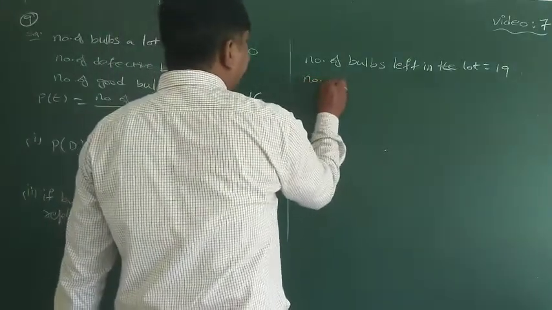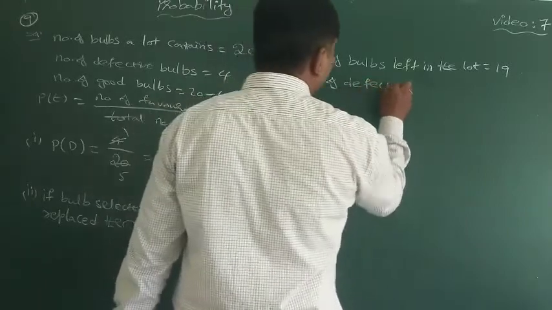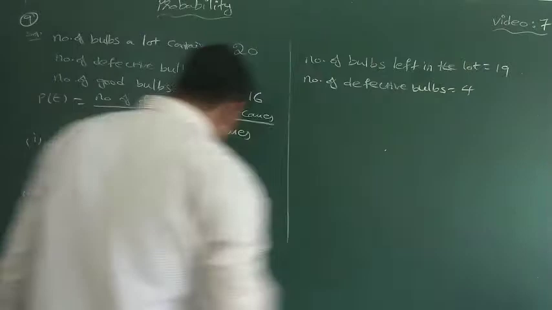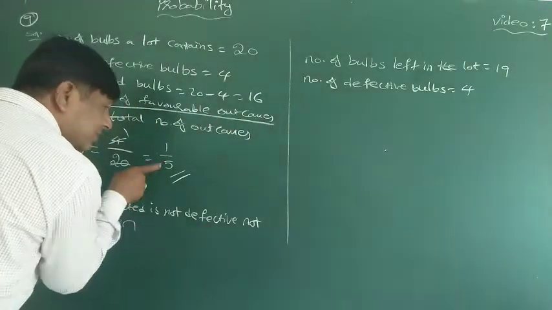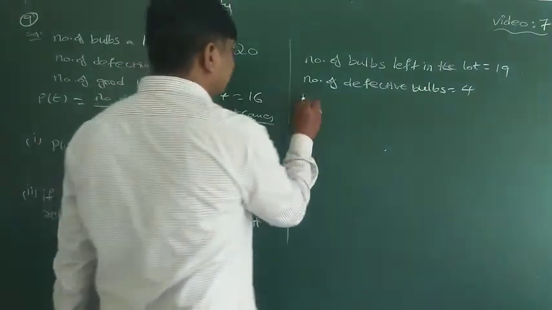Now, the number of defective bulbs is equal to 4 as it is, because what you selected was not defective, so that 4 remains as it is.